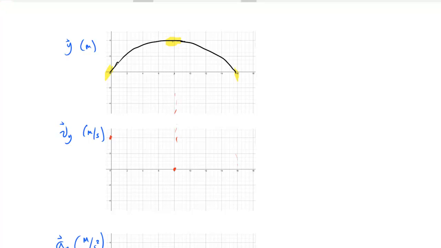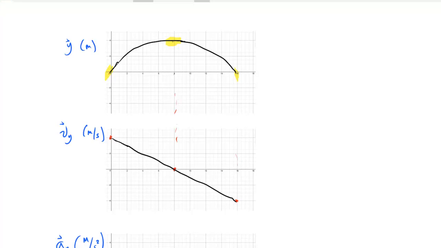And this will actually be negative the same magnitude as it was positive over here. If it's parabolic, it'll fit that description, so we go down to there. And so we see the velocity versus time graph would be a straight line down like this.